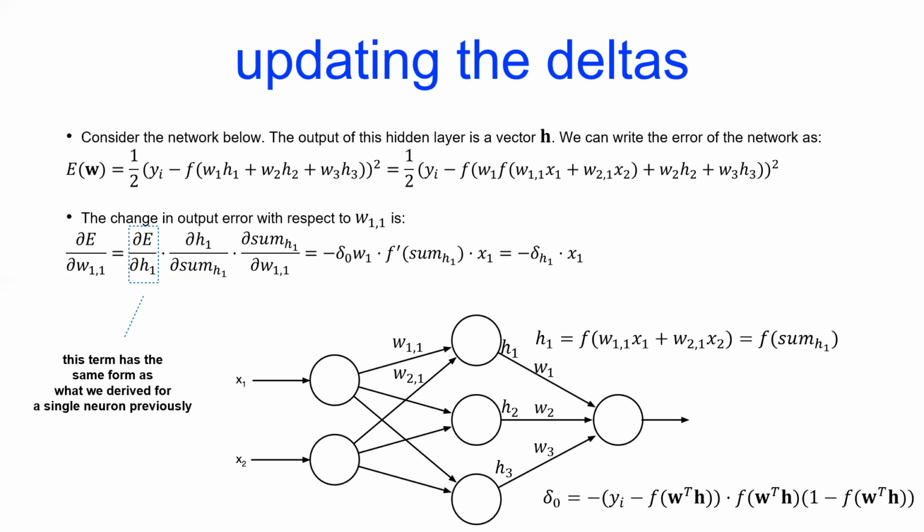Okay, so now let's expand a bit further. Since, as I said, H1 comes from the previous layer, H1 can be expanded now into f(W11 X1 plus W21 X2), then plus W2 H2.